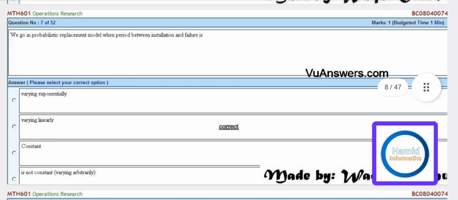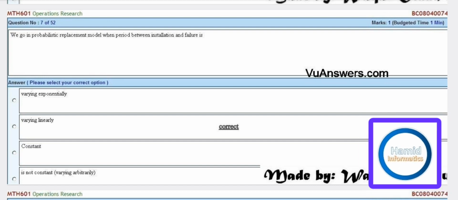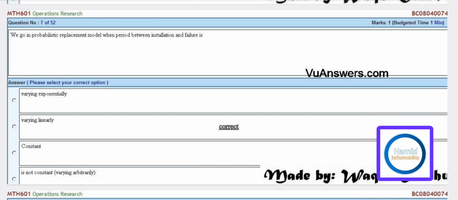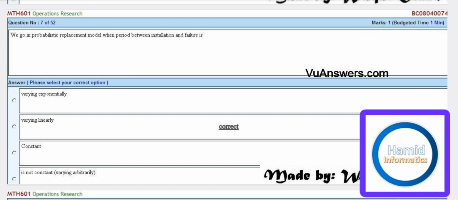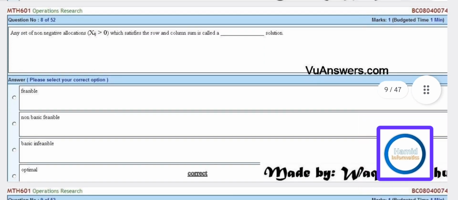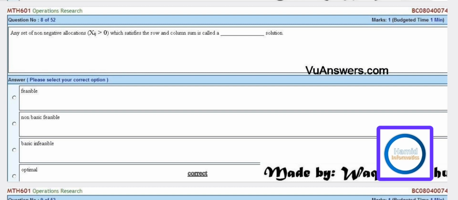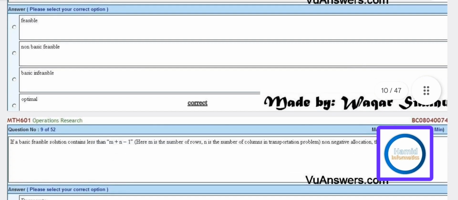Next is, we go in probabilistic replacement model when period between installation and failure is varying linearly. Any set of non-negative allocations x_ij greater than 0 which satisfies the row and column sum is called dash solution, optimal solution.